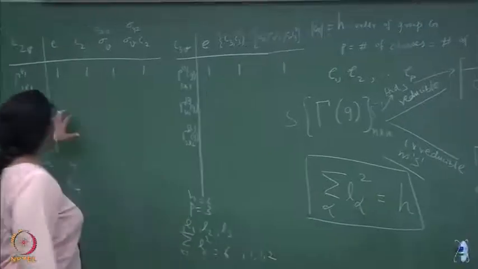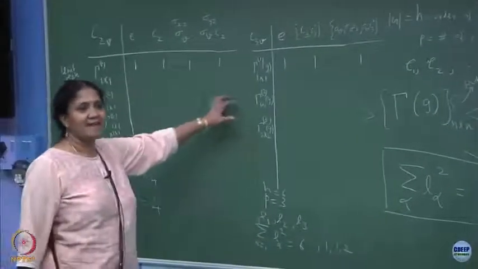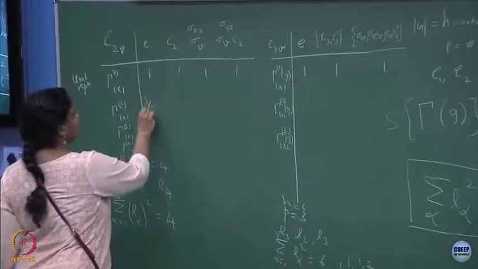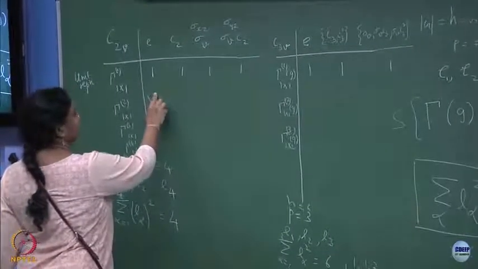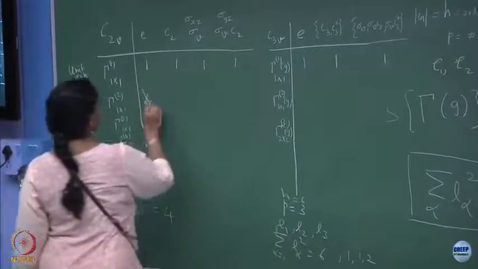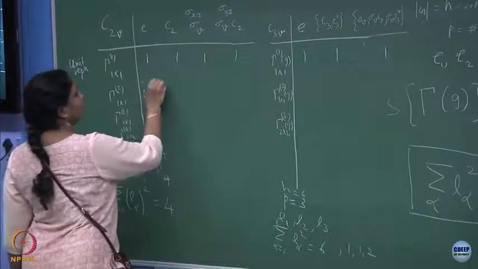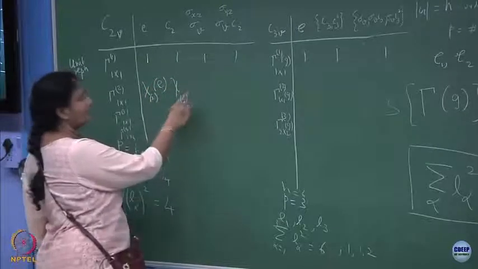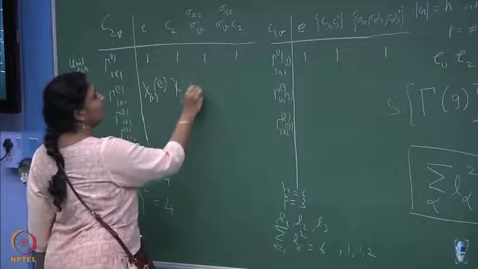Next thing is I need to fix these characters. So, I have to write the character for representation 2. I have used the character for alpha 2 for the identity element, the character for the irrep for the C2 element and so on. Okay.